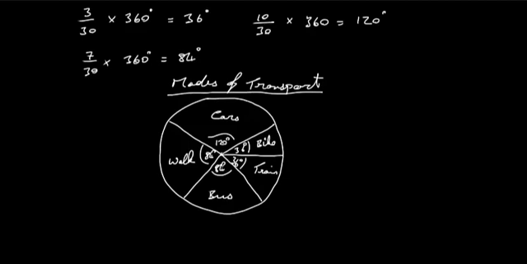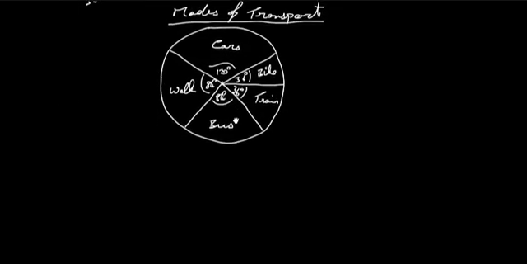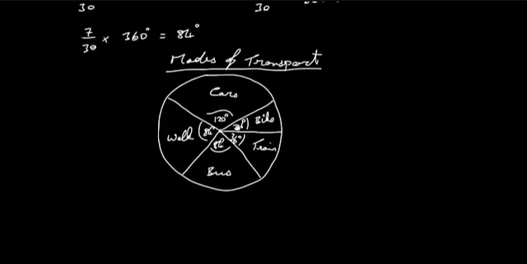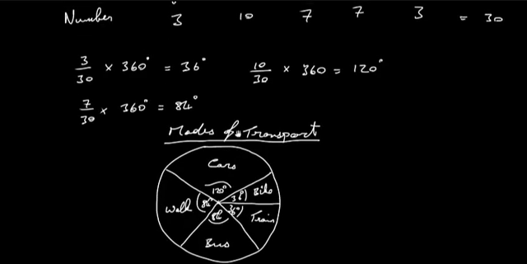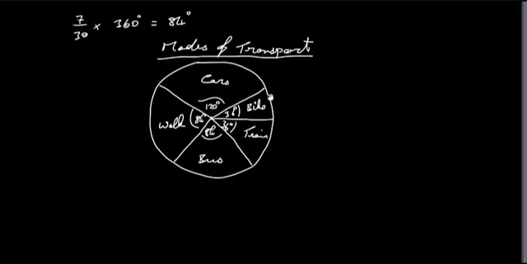Now, if you were just given the pie chart and not the raw data, all you've really got here is the proportion of people who go by car, walk, bus, train, and bike. You won't be able to work out the actual numbers of people. You'd need more information to do that. Now, we started with the numbers, so we do know how many people in total we sampled and how many people from that sample went by bike, car, walk, train, and bus.